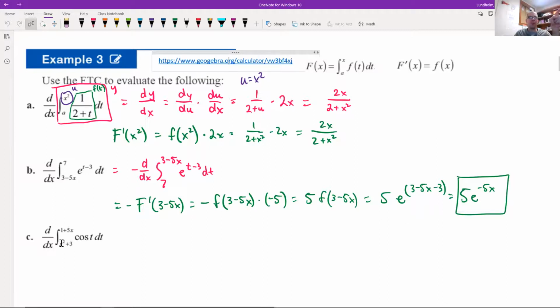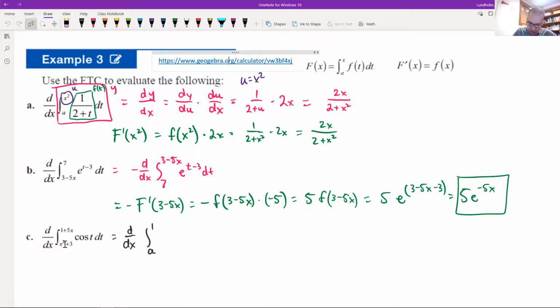Okay, last one. We've got 2 movable boundaries on our area function, which is weird. And so the easiest way to do this would be to translate it into 2 integrals, using a property of integrals again. Where we're going to pick some constant, let's say a.